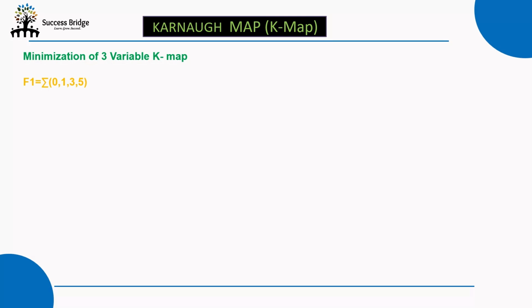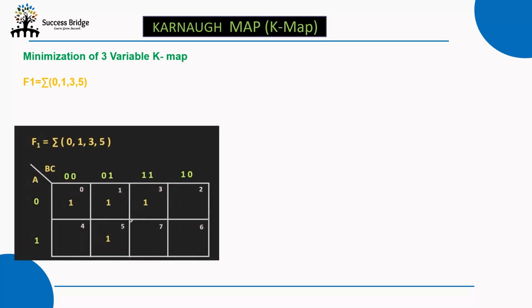Here F1 is equal to summation of 0, 1, 3, 5. So in this case, the Boolean function contains 4 minterms. First of all, let us represent all the 4 terms in the K-Map. For that you need to place ones in each cell which represents these minterms, that is 0, 1, 3 and 5.